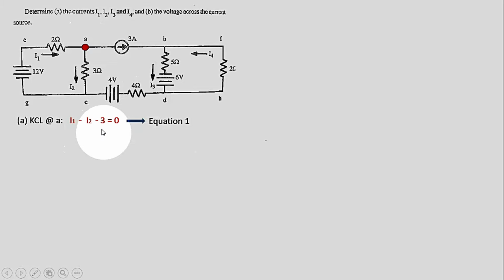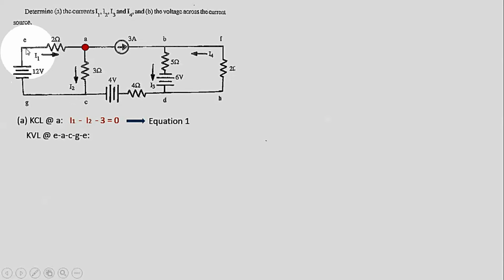And for another equation, we can use also Kirchhoff's voltage law. We take the path EACGE. The voltage law states simply that the voltage rise minus the voltage drop is equal to 0.